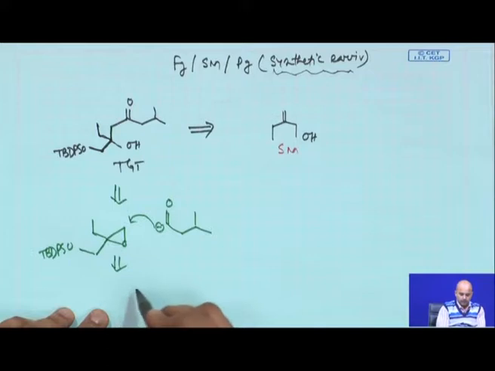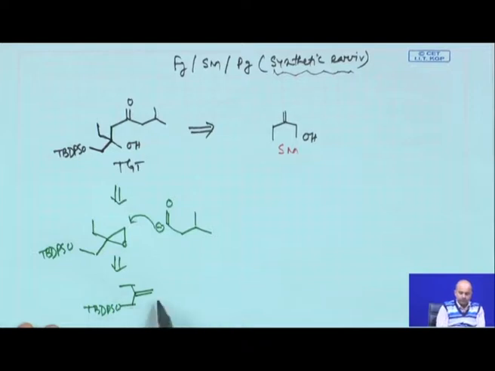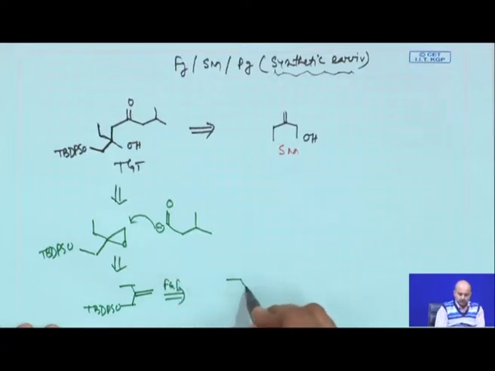This looks absolutely similar: if you have this compound with this TBDPSO, you can easily do an mCPBA-based epoxidation, and you just need to do an FGI through the standard protection of this primary alcohol.